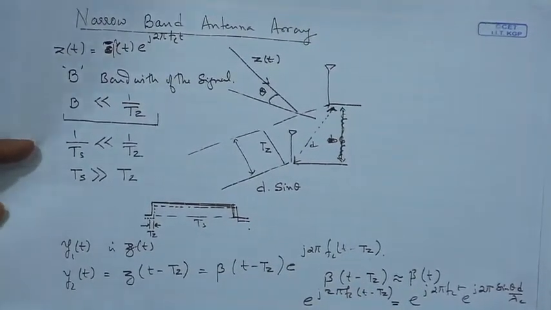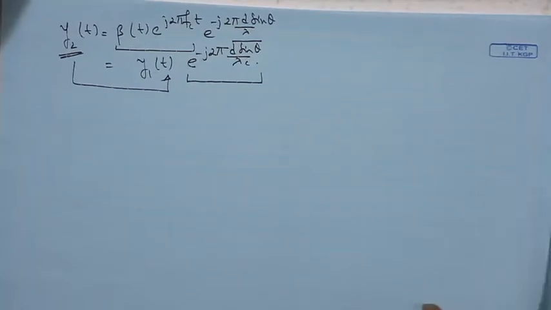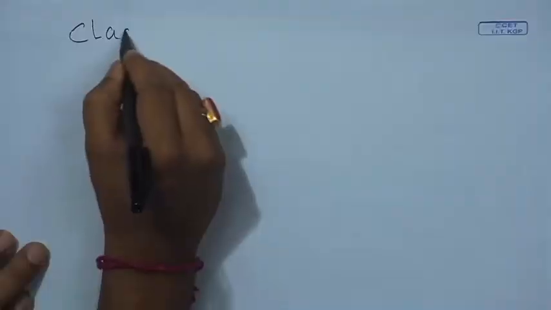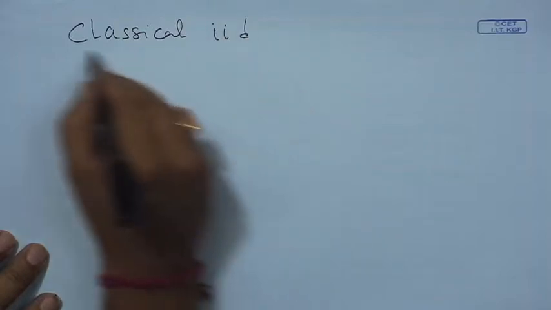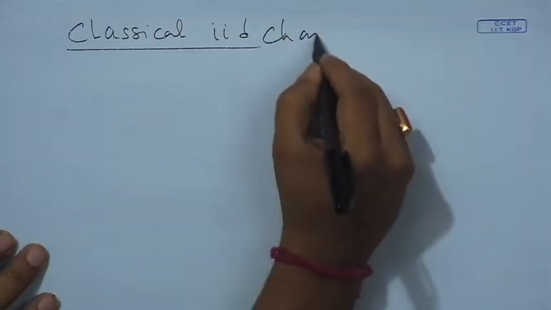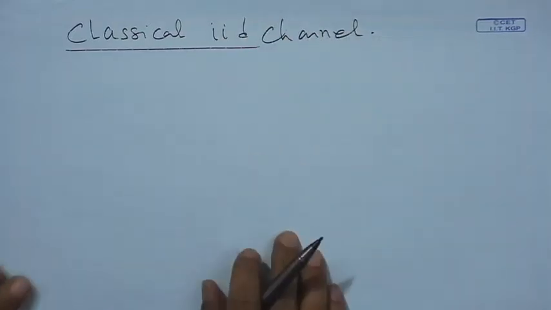With this we move on to the next important description of these kinds of MIMO channels, the classical IID channel. This is one of the important channels which we will use in most of our work.